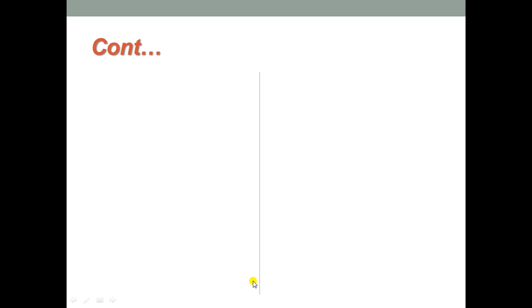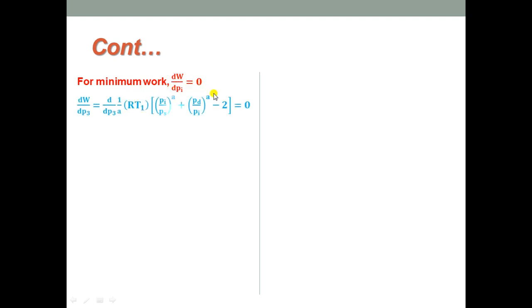Now, to get the minimum work and to find the intermediate pressure, we have to differentiate the total work with respect to intermediate pressure and equate it to 0. This is the expression we can write with the differentiation.